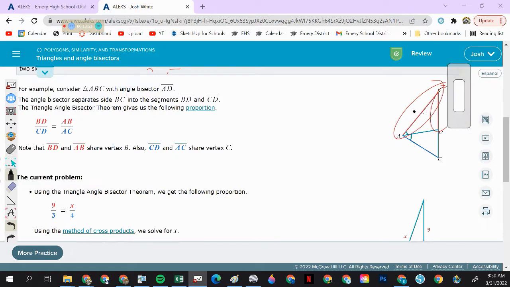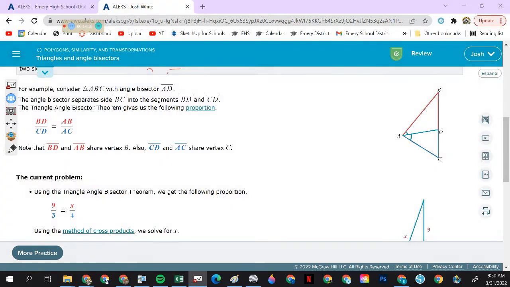Oh, nope, I got that backwards. I'm sorry. So BD divided by CD is equivalent to AB divided by AC. That is the angle bisector theorem. Okay? So the 2 opposite sides are proportional.